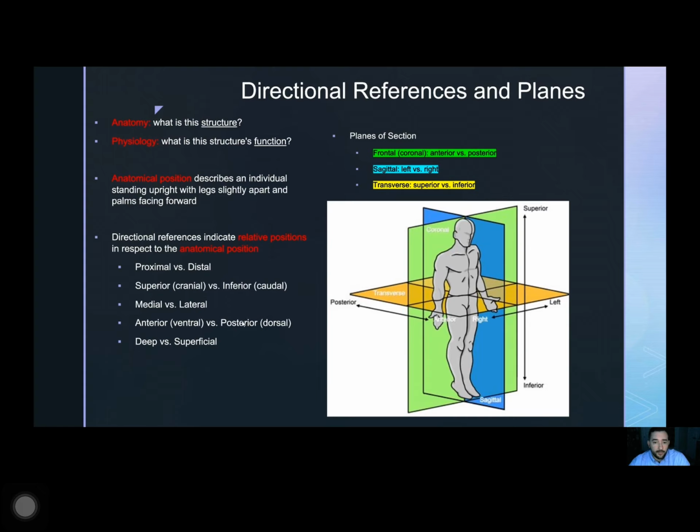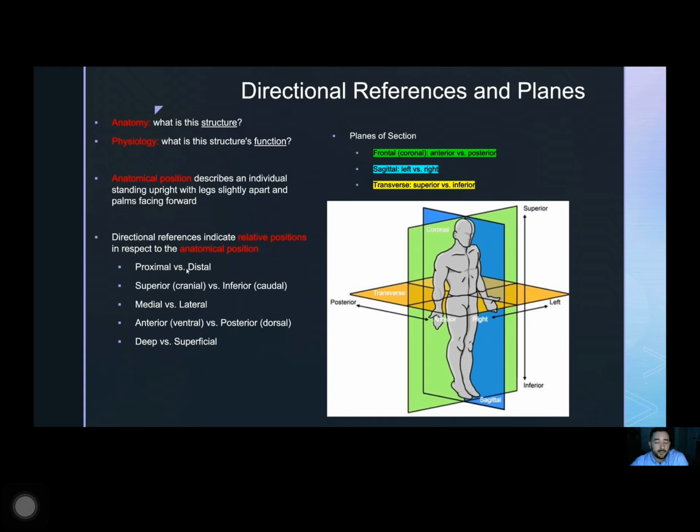Next, anterior versus posterior. Anterior just means your front, or ventral is the same thing, and posterior and dorsal mean your back. Again, the model in the bottom right of our slide, you can see that his front side would be anterior, and then his back would be posterior.